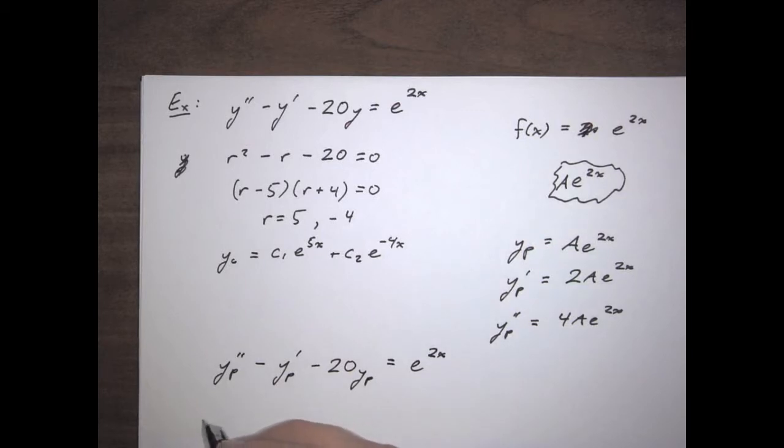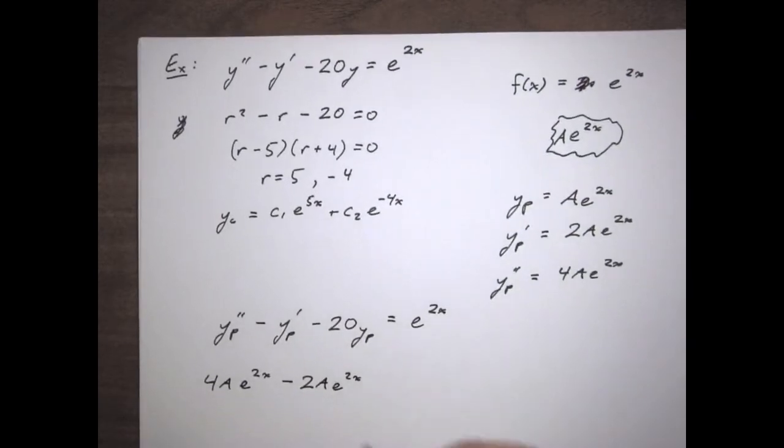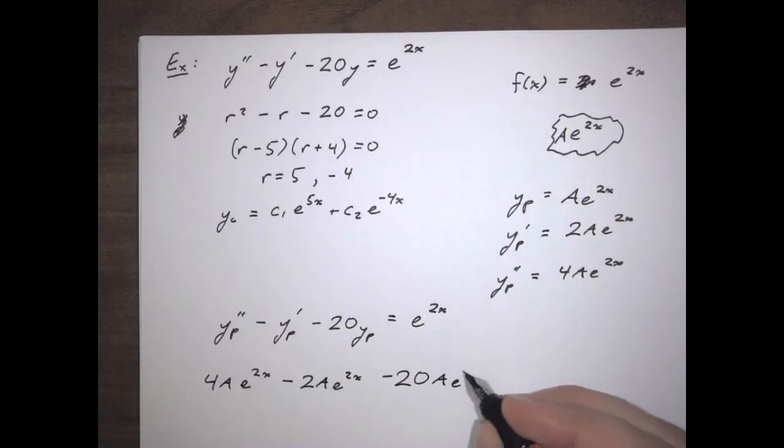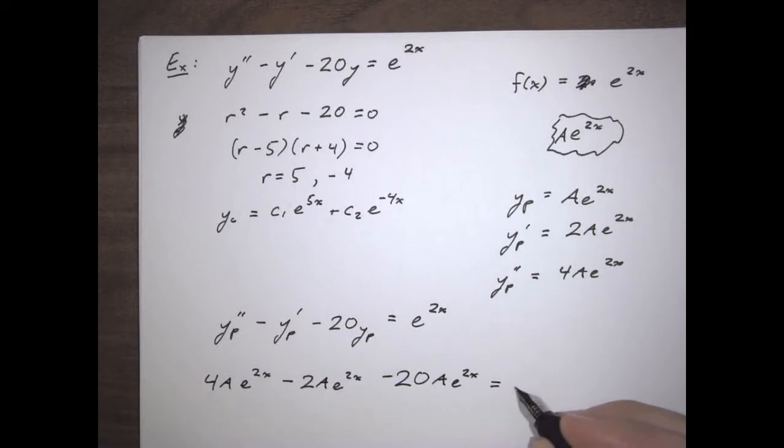So that means that we're going to have 4a e to the 2x minus 2a e to the 2x minus 20a e to the 2x equals e to the 2x.